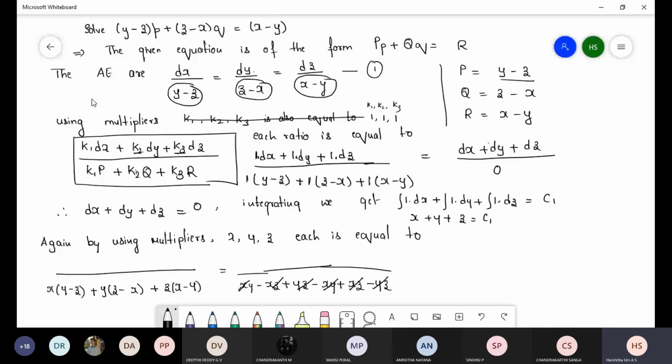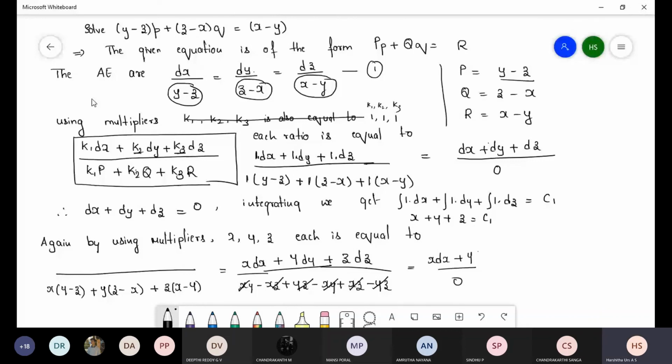So we can multiply the numerator: K1 with x into dx plus y into dy plus z into dz. Here also x into dx plus y into dy plus z into dz.